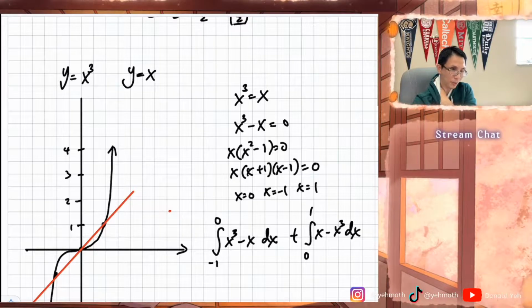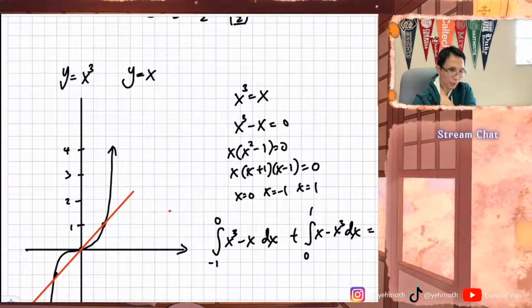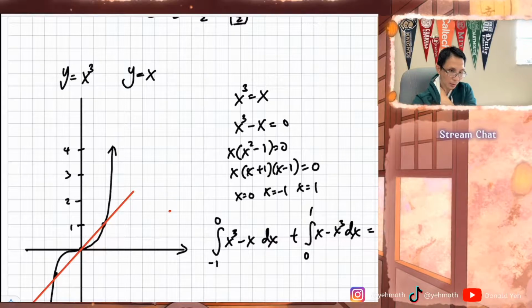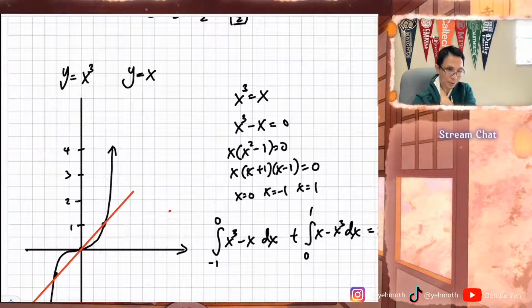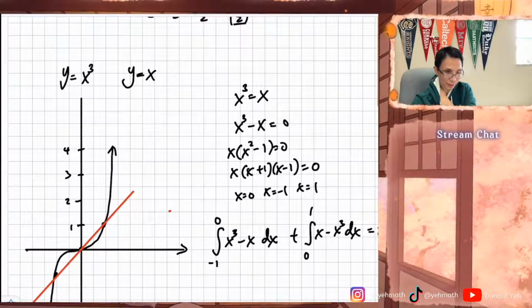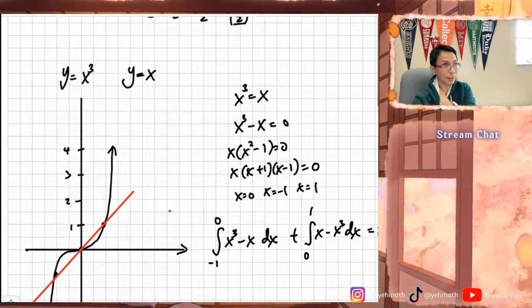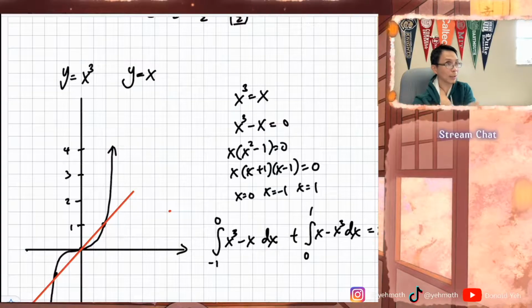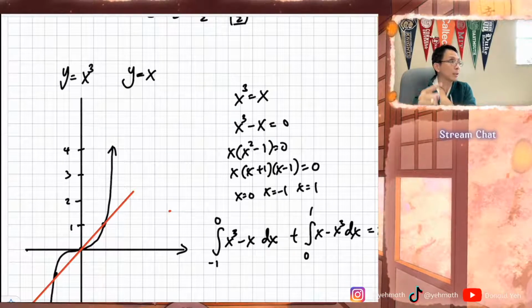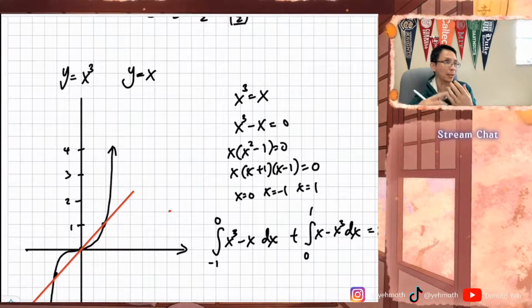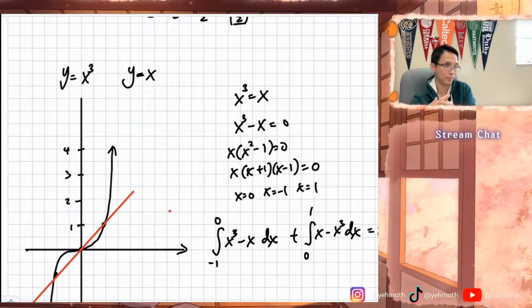And if you solve for this, it's going to be equivalent to the integral from 0 to 1 of 2 times x minus x cubed dx. That's a faster way to approach it because in this particular case, not all cases, it's symmetrical. Not all cases are symmetrical, so you have to pay attention to symmetrical situations.